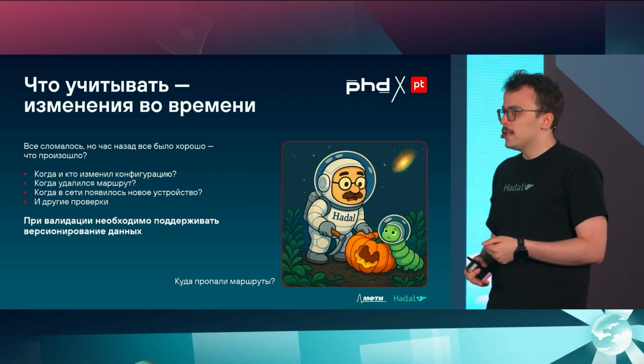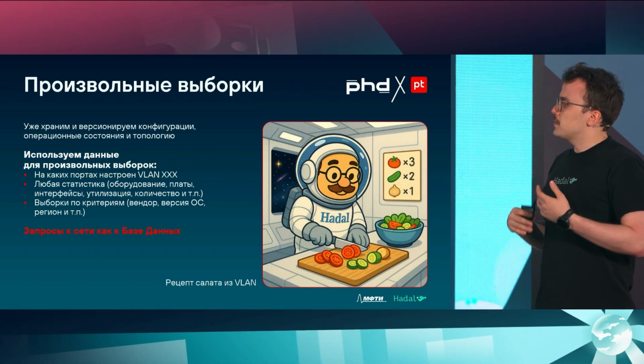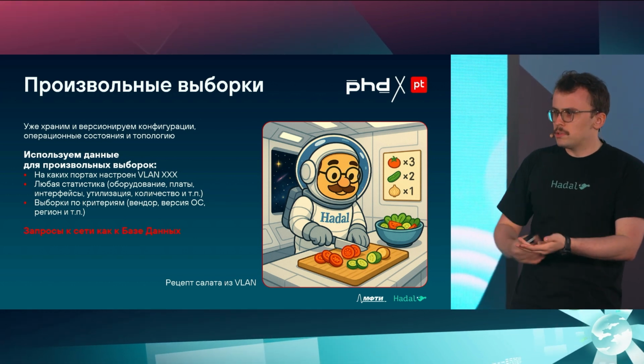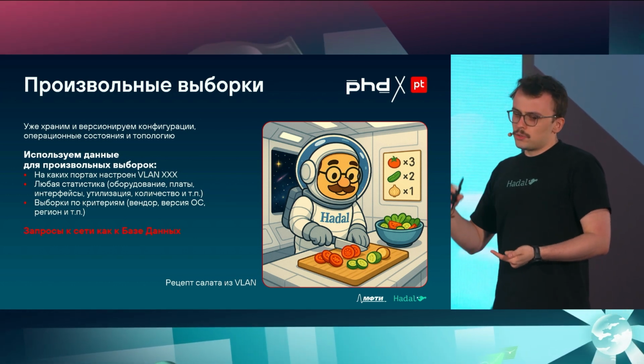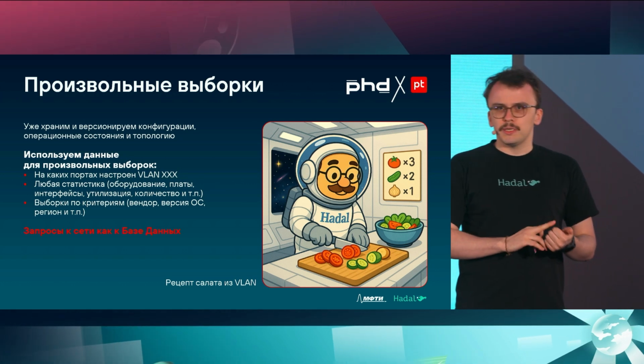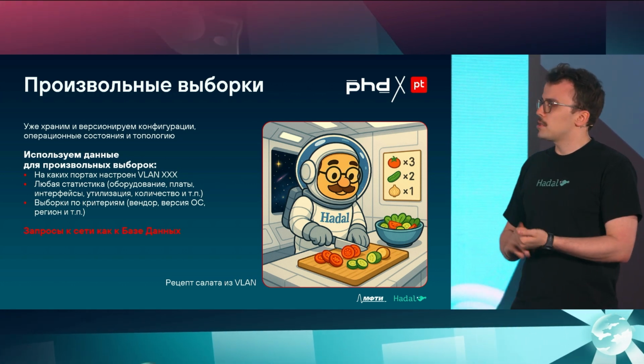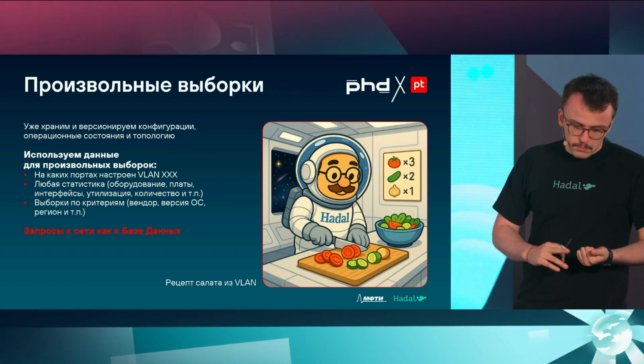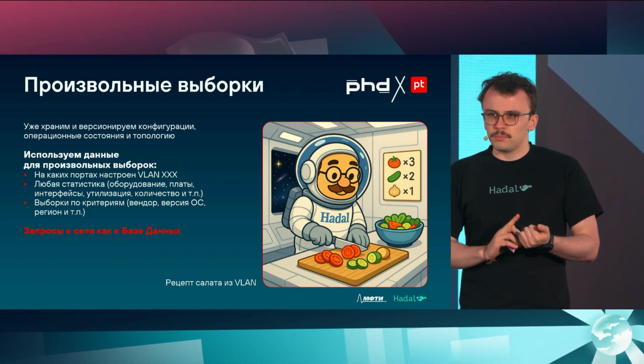We need to take into account the time changes, changes over time rather. So, for example, everything works, but then something breaks down, and a moment ago everything was fine. What happened? You need to make sure that you know the time when it happened. And we said that we have devices, network, we have the topology, and why not use these data not just for checks, but use this for random samples.